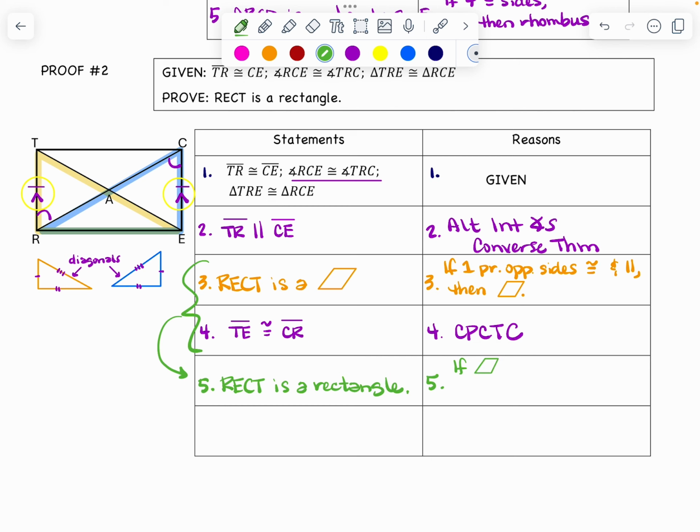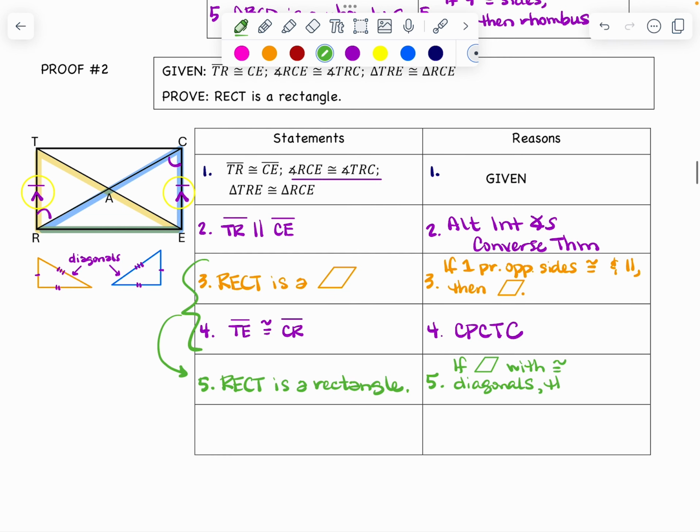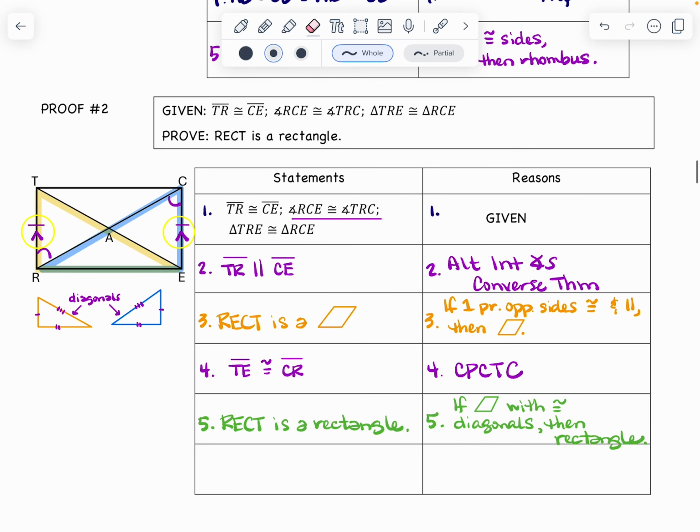If parallelogram with congruent diagonals, right? I'm just basically writing that property down. If parallelogram with congruent diagonals, then rectangle. And I know that if-then statement was not in our notes, but again, we're using that property and kind of putting that together. And that's okay.